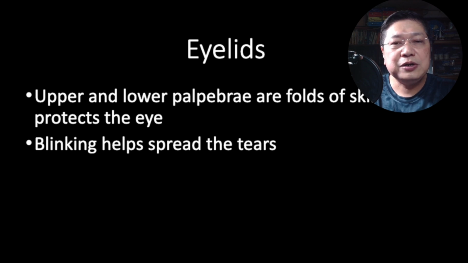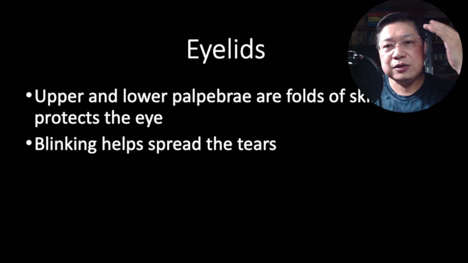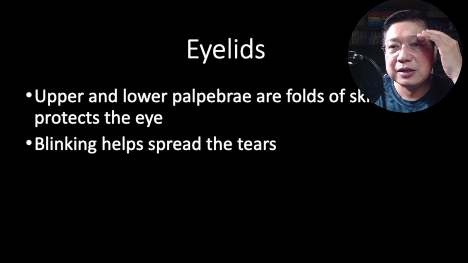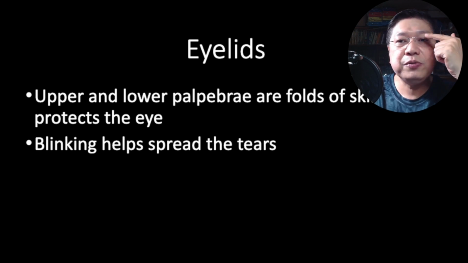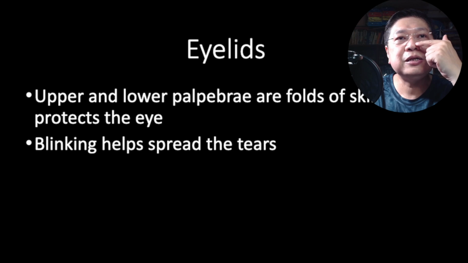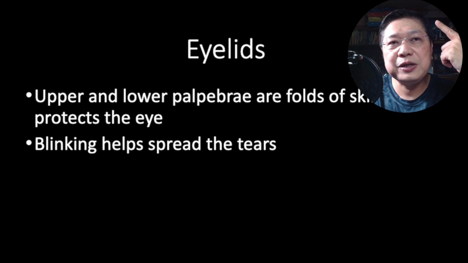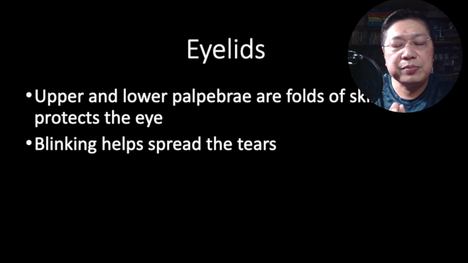The way that your tears are coming from the lacrimal gland at the upper portion, it goes all the way towards the lower part, towards the nasal area. And the reason that your tears are spread so well is because when your eyelids are blinking, it's pushing the tears very, very thinly all the way towards the punctums.